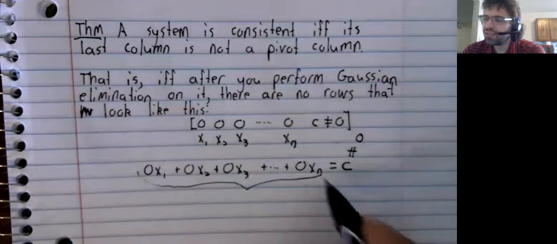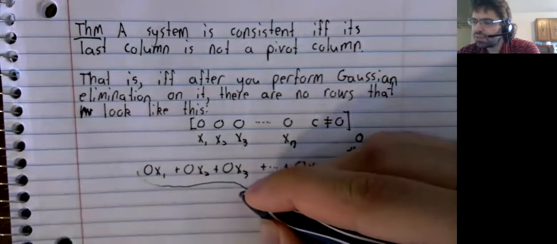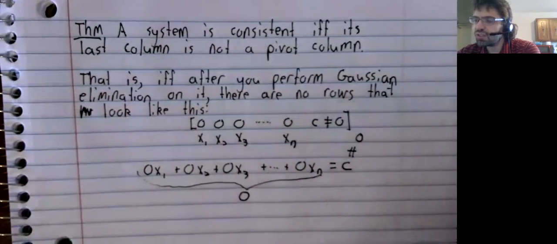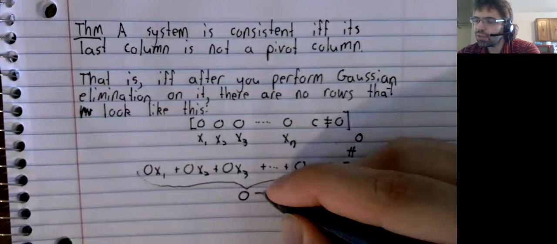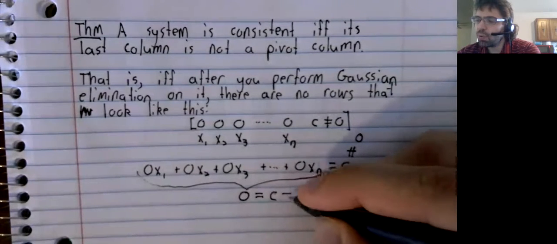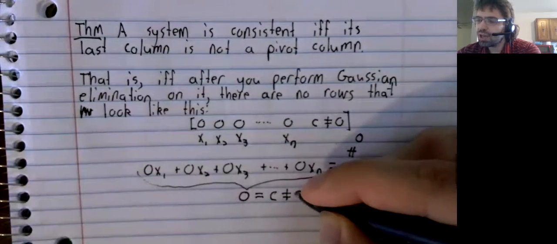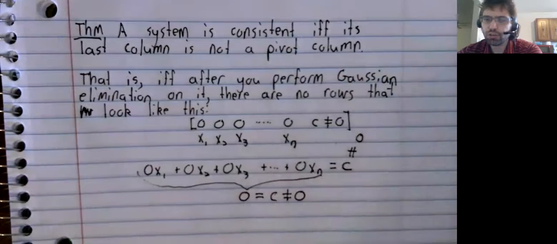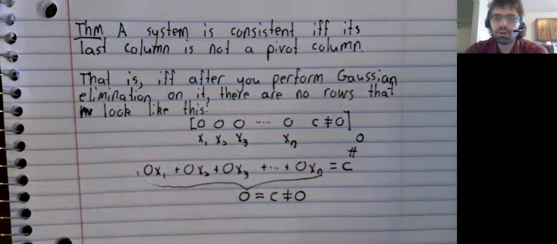But this is just 0. So 0 equals a non-zero number. That's a contradiction. Clearly, there's no way to make that equation true.